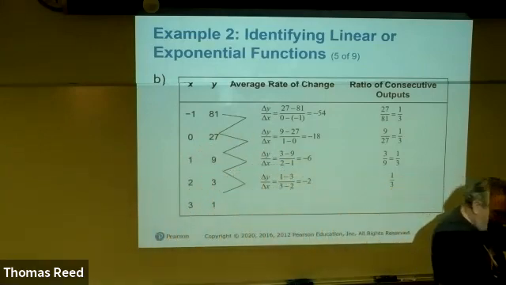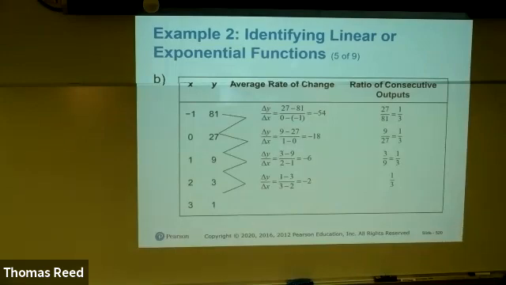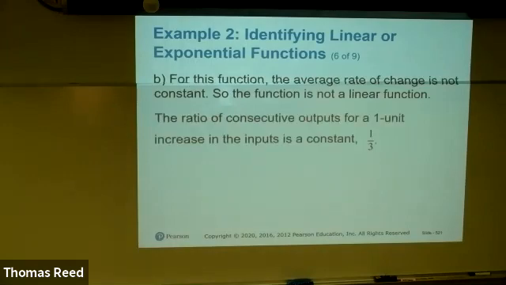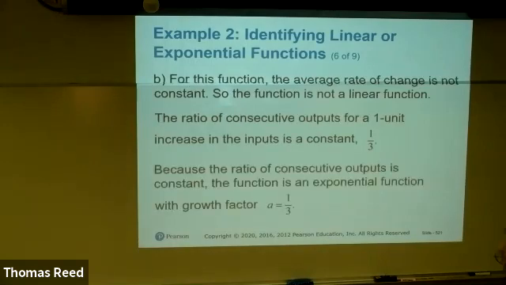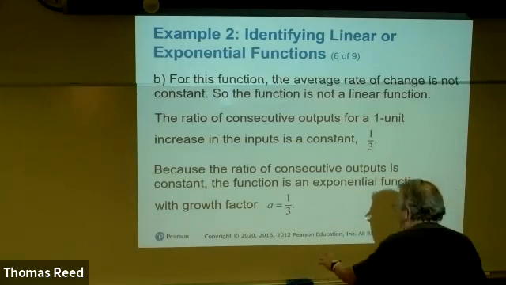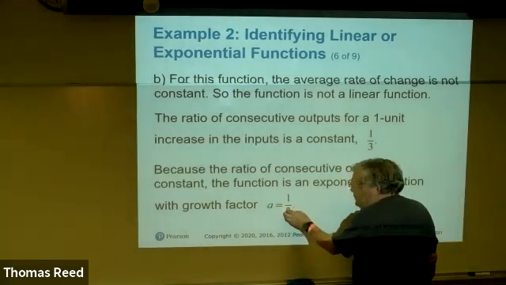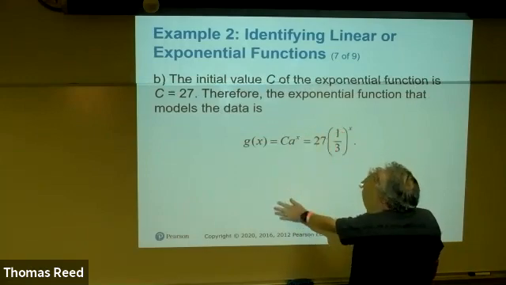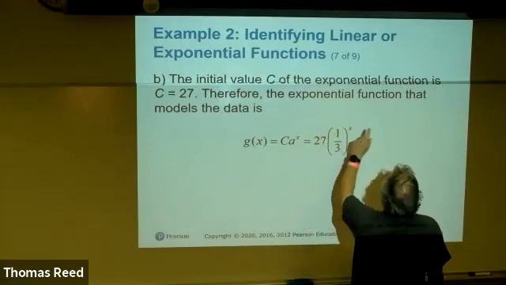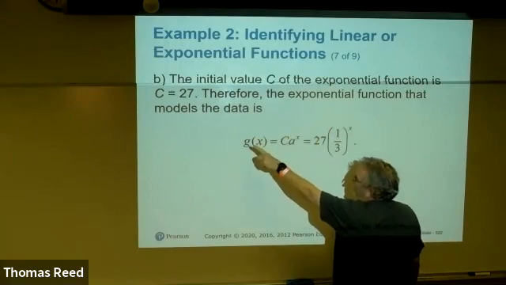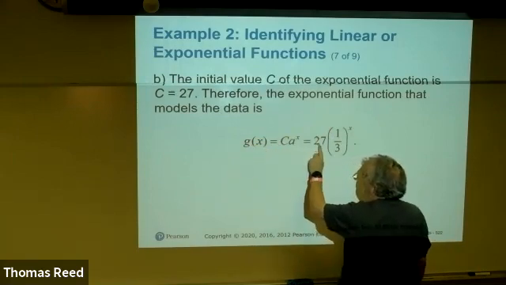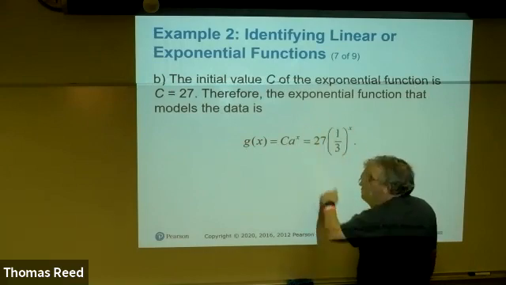So it's going to be 27 times 1/3 to the x power. So a is 1/3, which means we're going to raise 1/3 to the x power. When x is 0, c is 27. So c is 27, and so this is the exponential function.